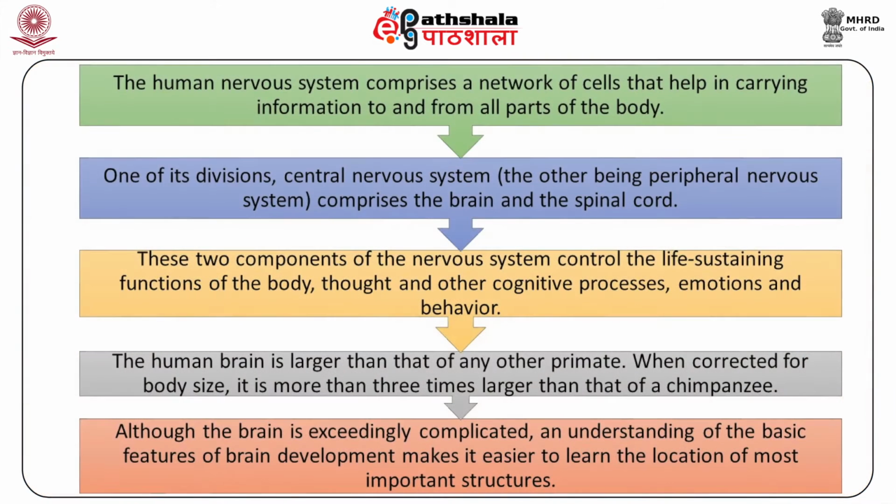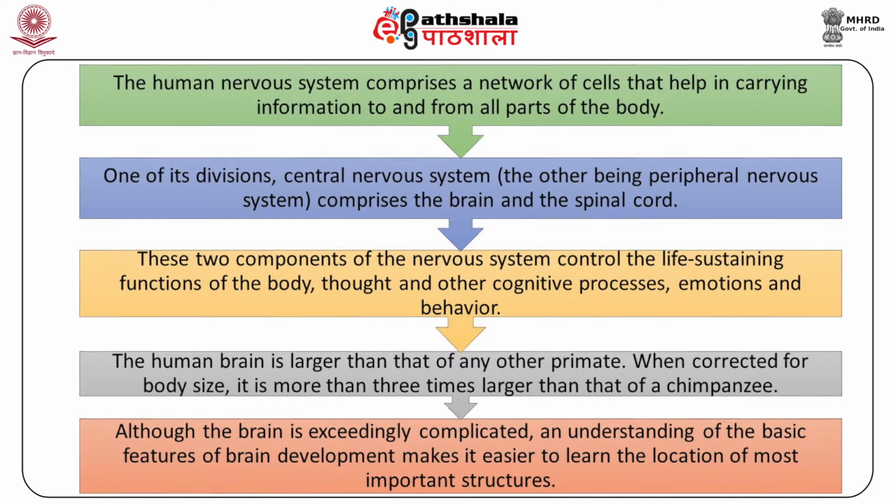The human nervous system comprises a network of cells that help in carrying information from all parts of the body. One of its divisions is the central nervous system. The other, being peripheral nervous system, comprises the brain and the spinal cord.